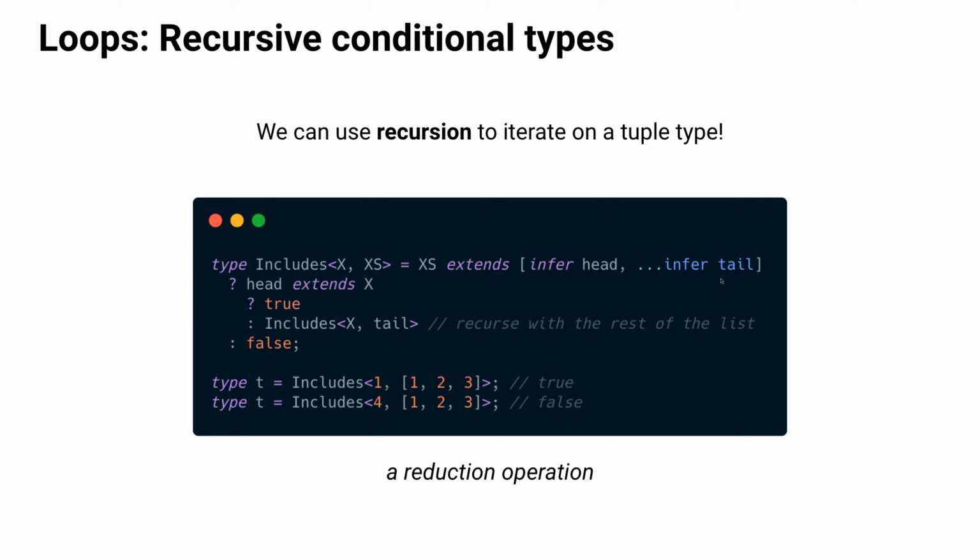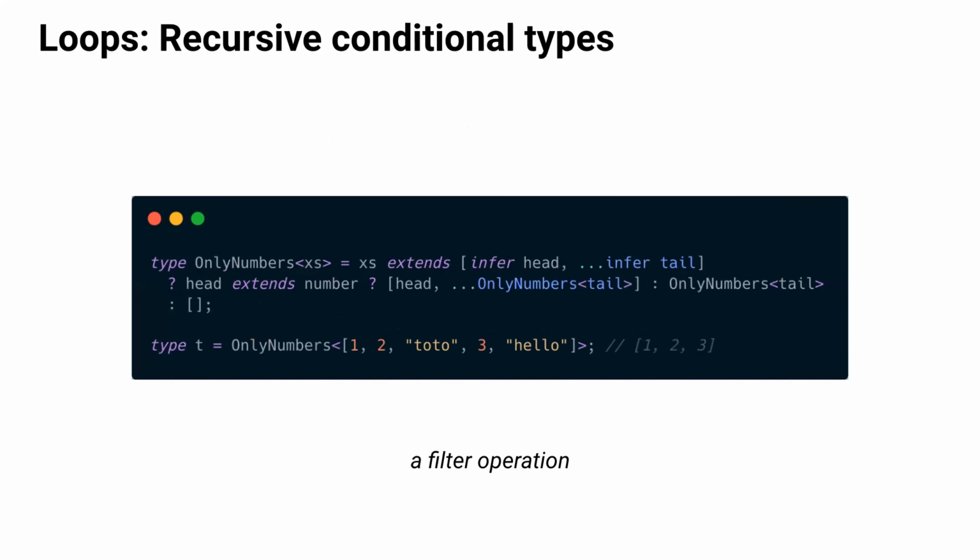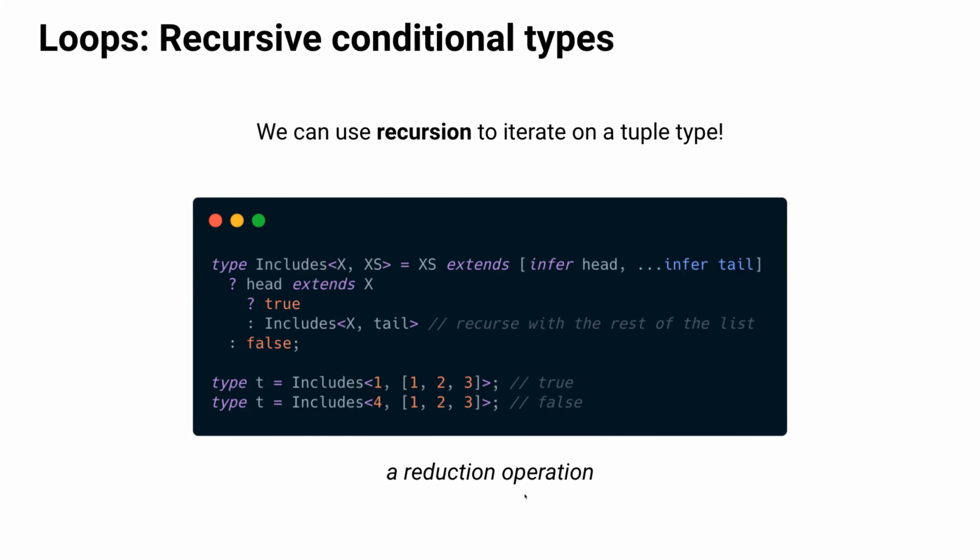Except it's like destructuring essentially. So it's destructuring, but at the type level. Cool. So yeah, this was a reduction operation. So if you are familiar with reduce on arrays, this is essentially doing a reduction. It's transforming a list into a single value.